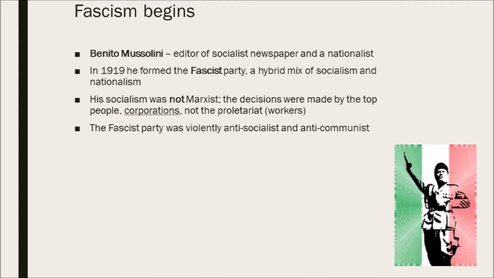He's going to be in power really from 1923 until 1943 or 1945. But anyway, Mussolini, you need to know who he is and understand what the fascist party is: socialism from the top down and extreme nationalism.